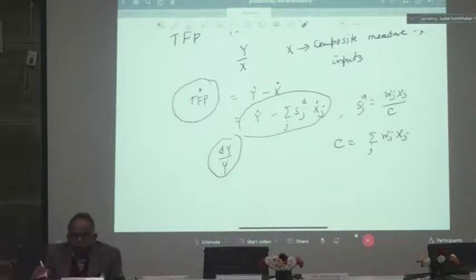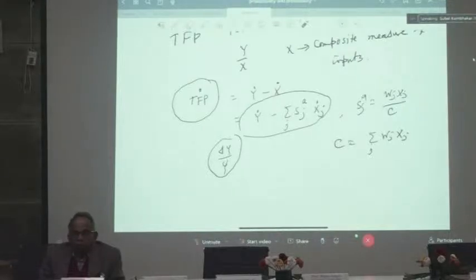That means you don't need to get to the individual prices. So if your objective is to measure TFP dot, then you don't need to do any econometrics. All you do is get the information on physical quantities of inputs, outputs, and then their cost share.